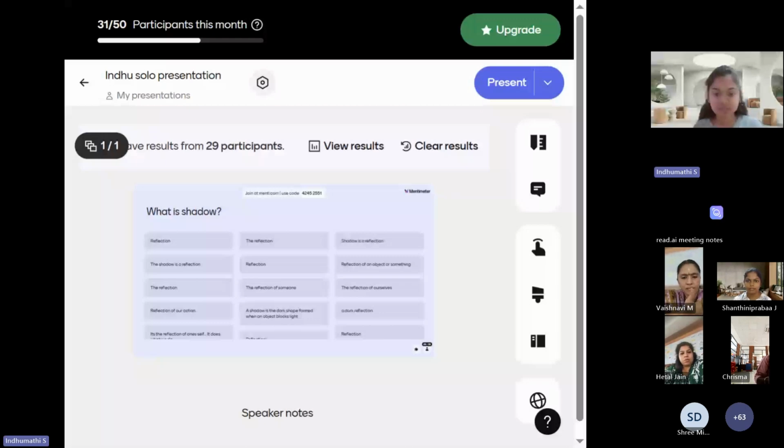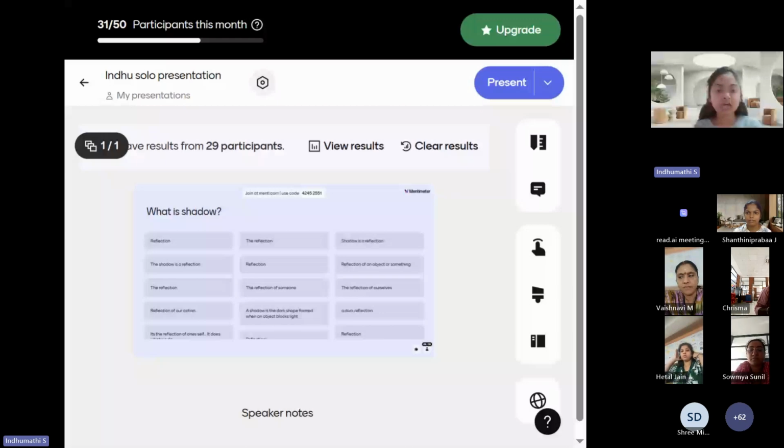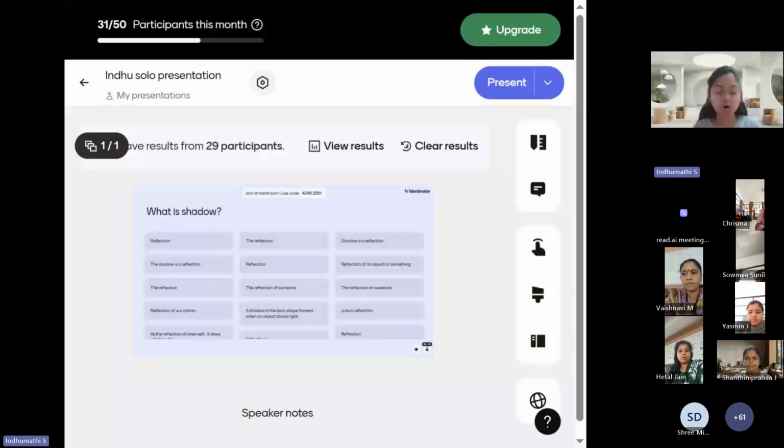So the interesting thing here is we all answered the same question, what is shadow? But the responses are not the same. They are different. But also we can say none of the answers is wrong. So what does it mean? Same question, different responses. At the same time, none of the responses is wrong. So what does it show?